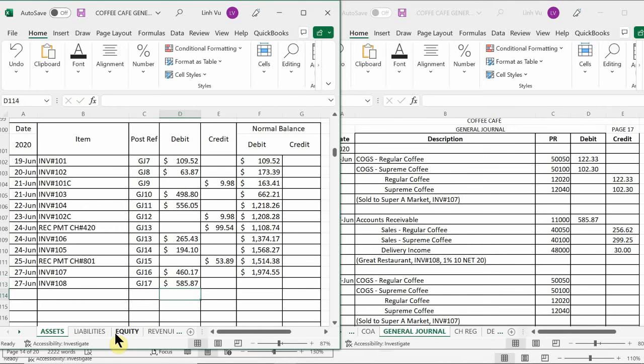Okay. Total accounts receivable is now $2,560.42. Okay.